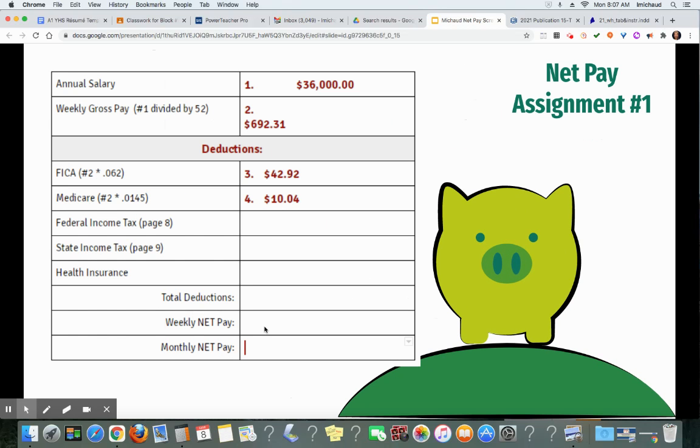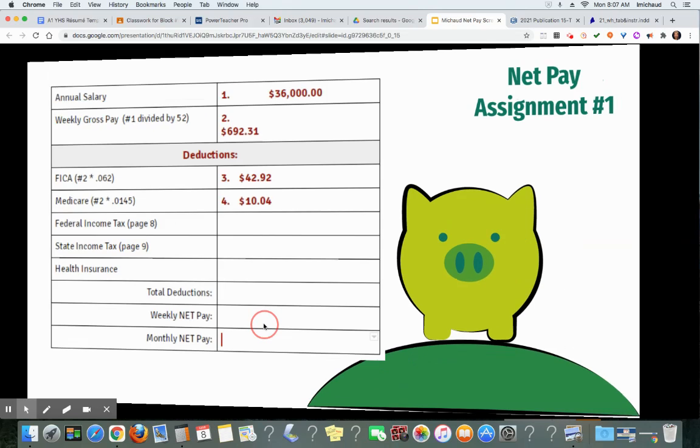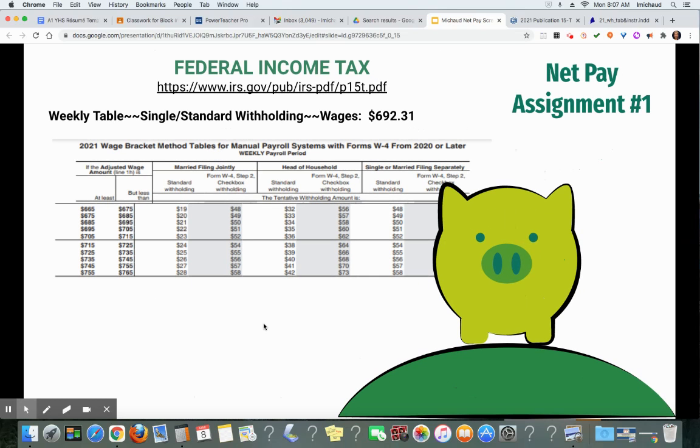But that's not all we have for deductions, is it? We also have federal and state income tax. So for federal income tax, we need to look that up online. Let me show you how. If you did not bookmark this site, let me show you how to query it first online and then make sure you bookmark it.